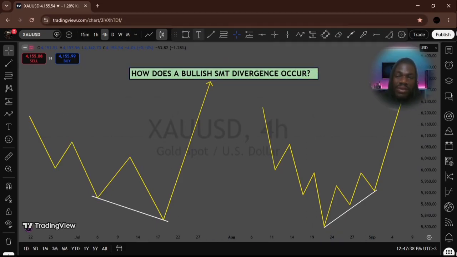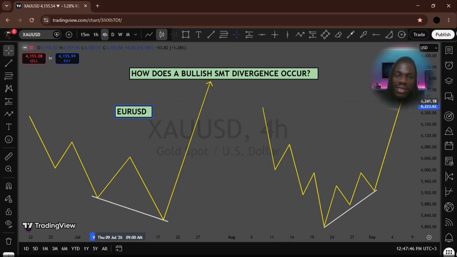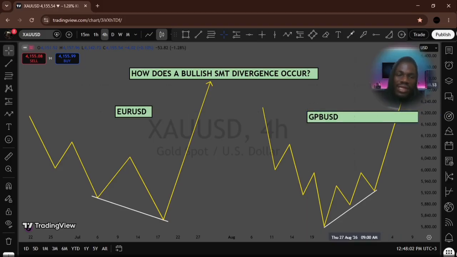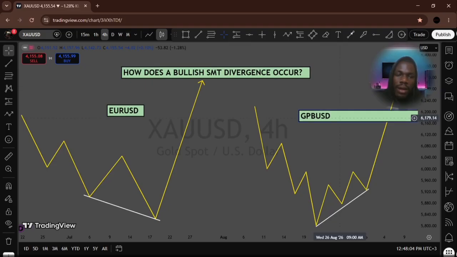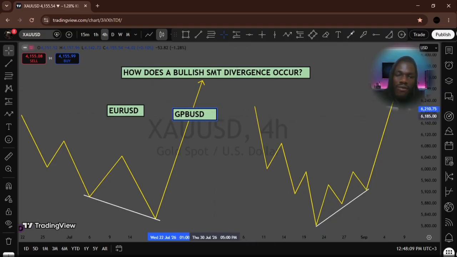Let's take an example that this is EUR/USD, and let's take this one as GBP/USD. You also have to focus on the journey itself, because you have to see things in a long-term version.